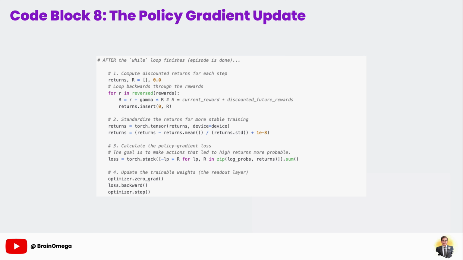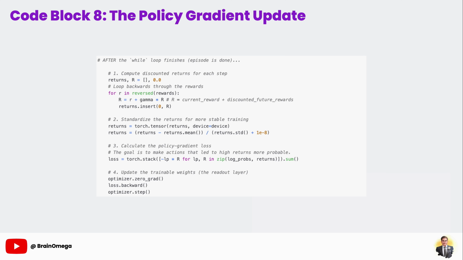Next, we standardize these returns by subtracting their mean and dividing by their standard deviation. This is a crucial trick that helps stabilize training by keeping the values in a predictable range. Now we calculate our loss. The formula is the heart of the REINFORCE algorithm.